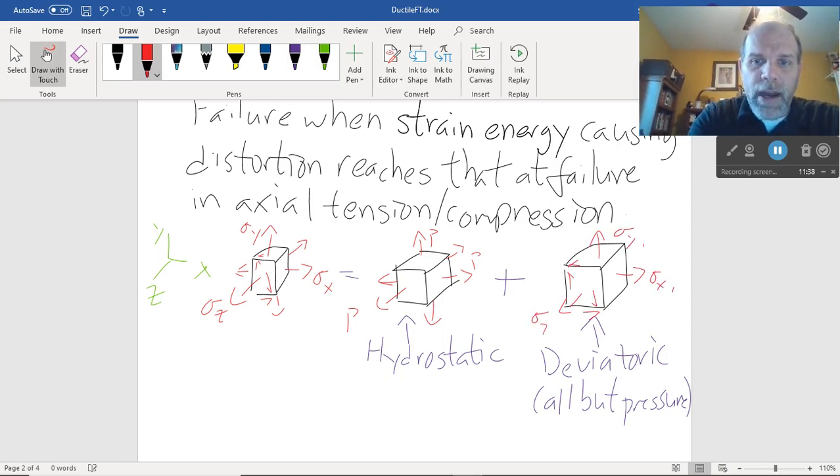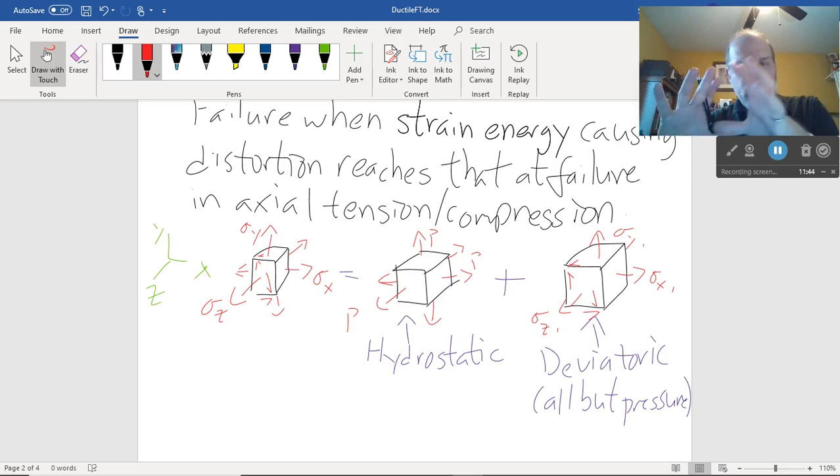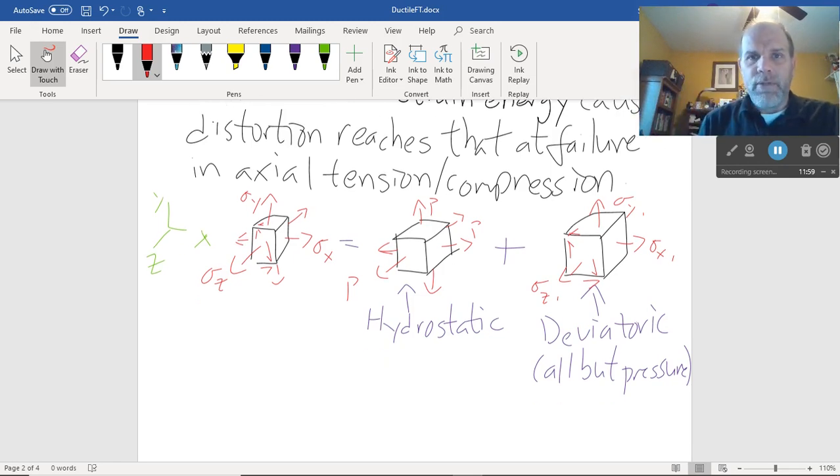I won't draw the ones in the back, though, right? That's the part that causes the distortion. That's the part that makes things change shape. The hydrostatic one just changes the volume, okay? If I take a cube, put it under water under equal pressure from all sides, it's still a cube when I'm done, right? So the hydrostatic part doesn't change shape. It just changes volume.